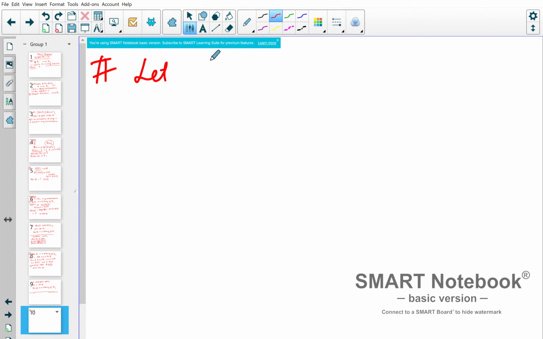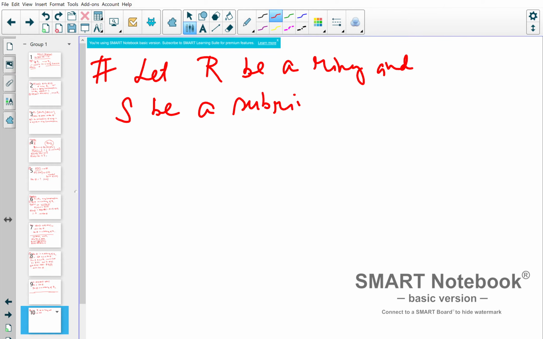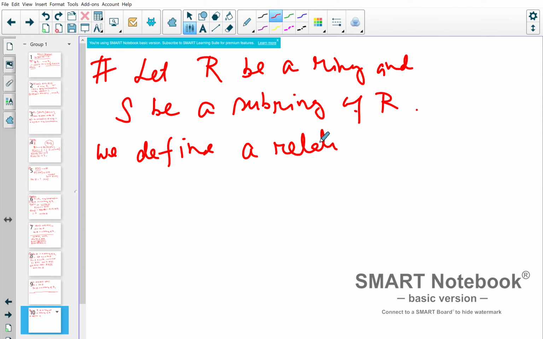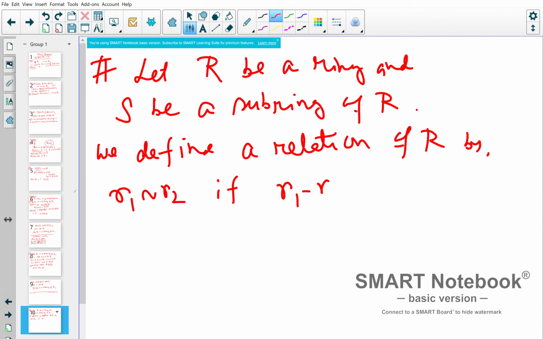So let R be a ring, and let S be a subring of R. We define a relation on R: R1 is related to R2 if R1 minus R2 is an element of S. Okay, so this is my definition.